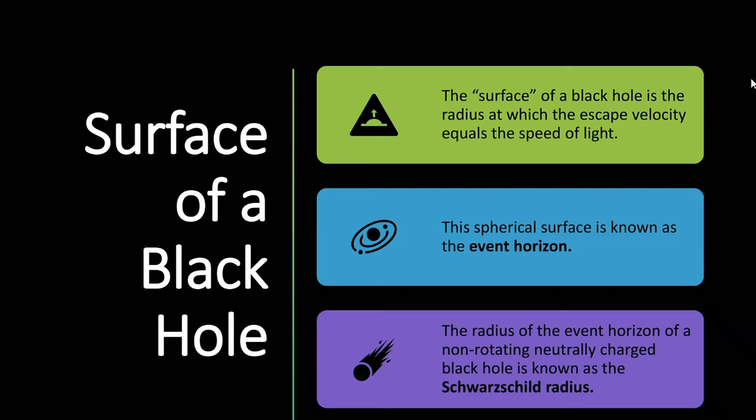But if you've passed the event horizon, then your escape velocity would be greater than the speed of light, and so there's no hope of escaping. The radius of that event horizon is the Schwarzschild radius for this type of non-rotating, neutrally charged black hole.